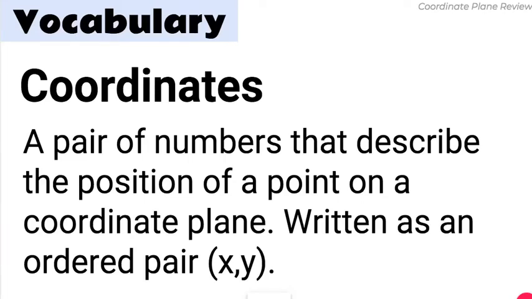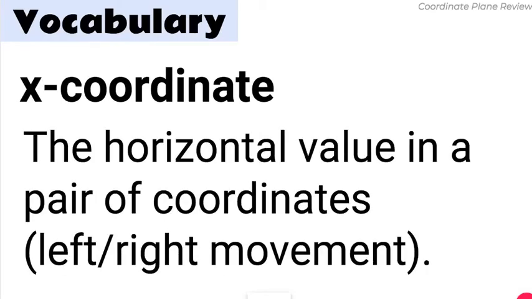Now those coordinates written as (x, y) means you have an x coordinate and you have a y coordinate. So let's look at some definitions for those. First we'll look at the x coordinate. It's the horizontal value in a pair of coordinates. It's the left and right movement.